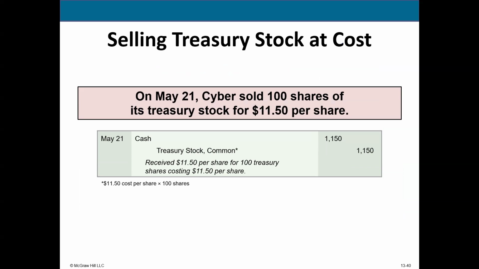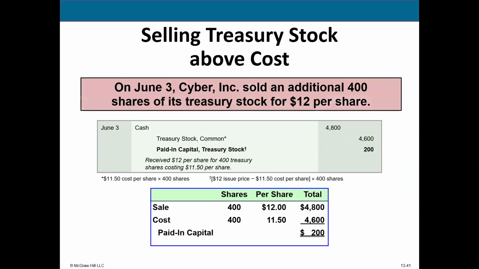A lot of times, hopefully, the company is selling that treasury stock above what they had originally paid for it. So here we have an example of this. The company decided to resell 400 shares of its stock for $12 per share. They had originally purchased that back at $11.50 a share.